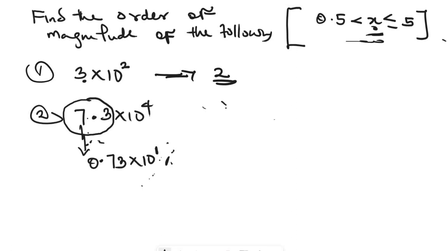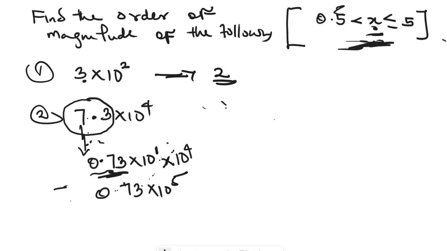As you can see now, that 0.73 is in this range. So at the end of the day, we have 0.73 times 10 to the power 5. So now we can say the order of magnitude of this physical quantity is 5.